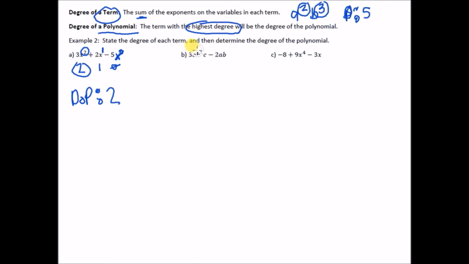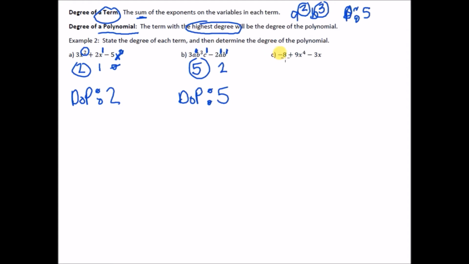Next, 3a to the 1, b cubed, c to the 1. The degree of this would be 1, 2, 3, 4, 5. Minus 2a to the 1, b to the 1, that would be degree 2. So the degree of the polynomial in this case is 5, the bigger one.